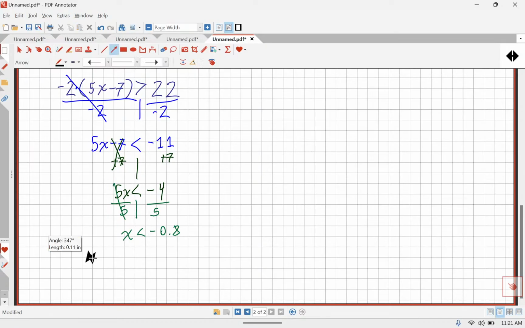And if you were going to graph that, hey, we'll talk. If that's negative 0.8, then I guess negative 1 would be here, 0 would be over here. Let's graph this thing. Should I use a hollow circle or a filled circle? Everyone, I should use a hollow circle if it's less than or if it's greater than.